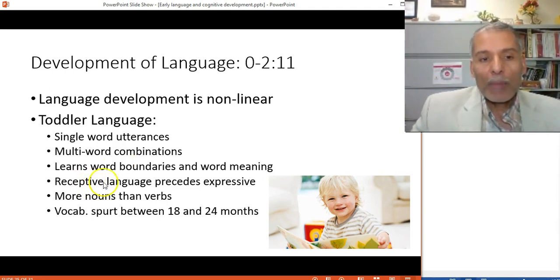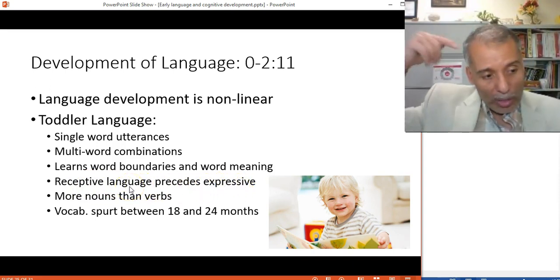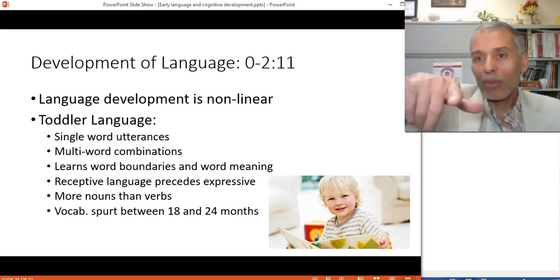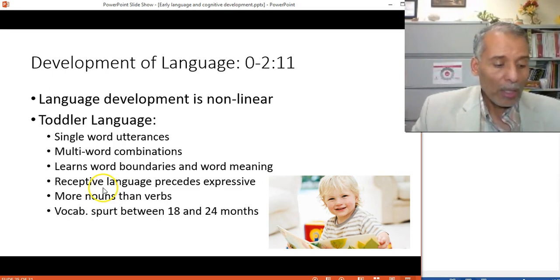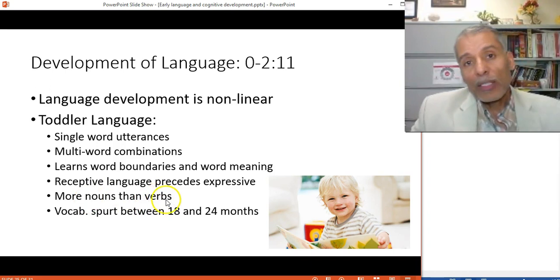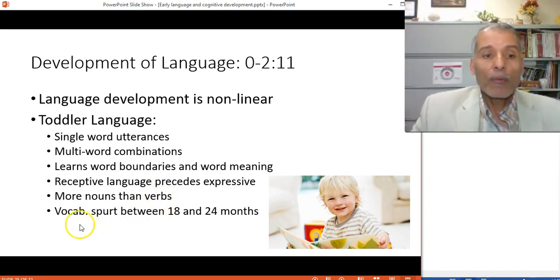Receptive language, of course, exceeds expressive. In other words, you have to store concepts here before you are able to actually express. And this is one of the reasons why a child reaches age 9 or 10 or 11 months before they are able to say the first word. Babies start learning nouns first, and then they transition to verbs.